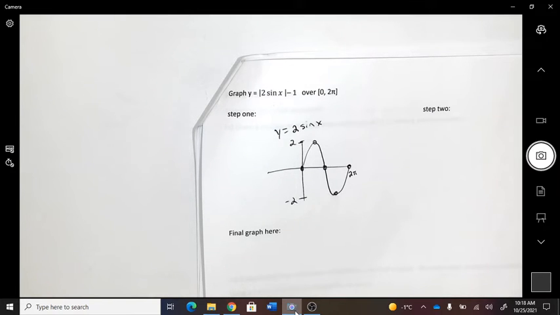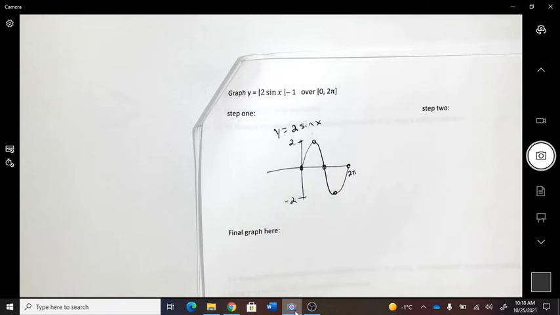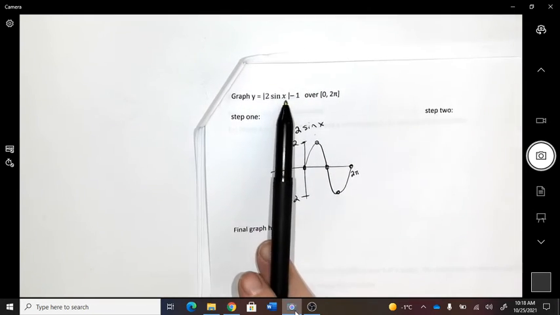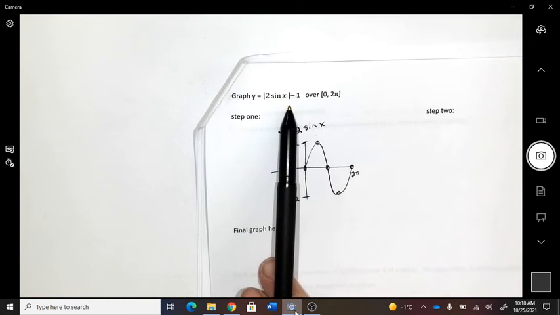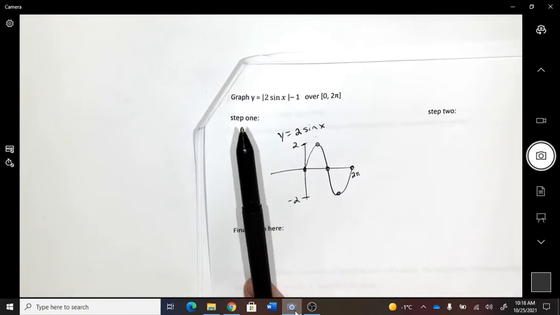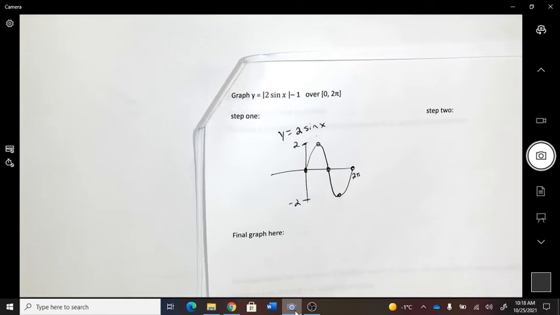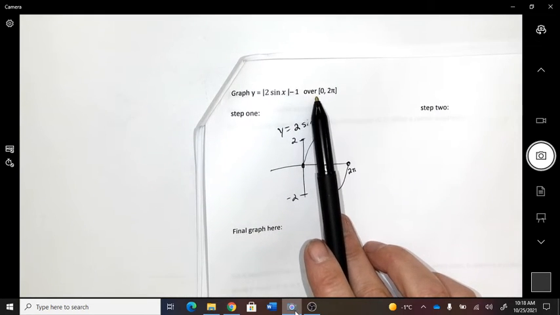Okay, so that's all I changed, just the 2 and a negative 2. Now, what does this mean again? These brackets. Absolute value. And then this means down 1. What should I do before what? I should absolute value before I do the down 1.